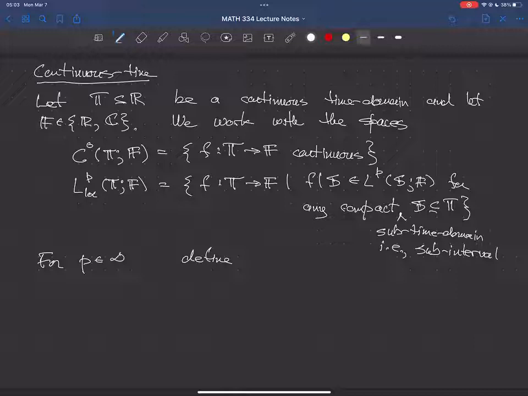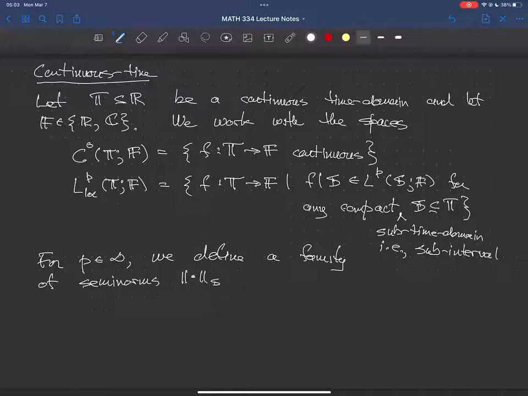So for P equals infinity, we define a family of seminorms like so.